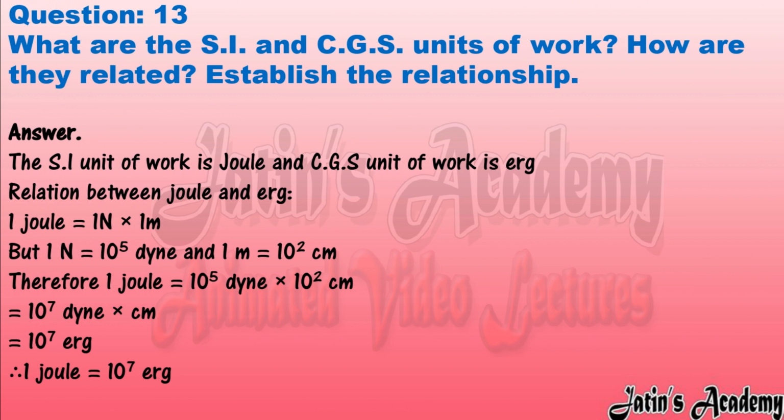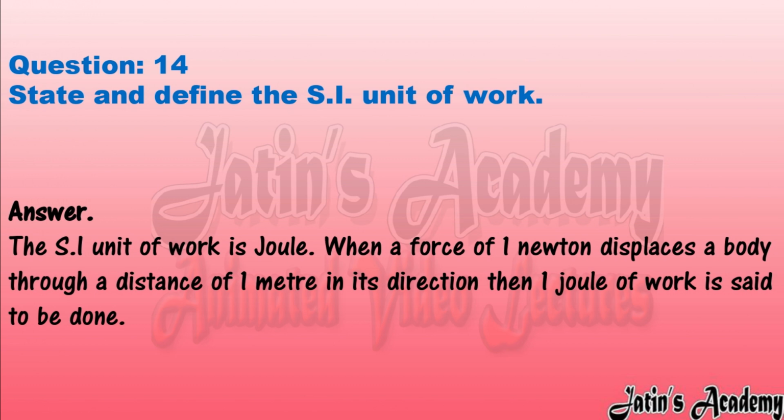But 1 Newton is equal to 10^5 dyne and 1 meter is equal to 100 centimeters. Therefore 1 joule is equal to 10^5 dyne times 10^2 centimeters, which is equal to 10^7 dyne centimeter, which is equal to 10^7 erg. 1 joule is equal to 10^7 erg.